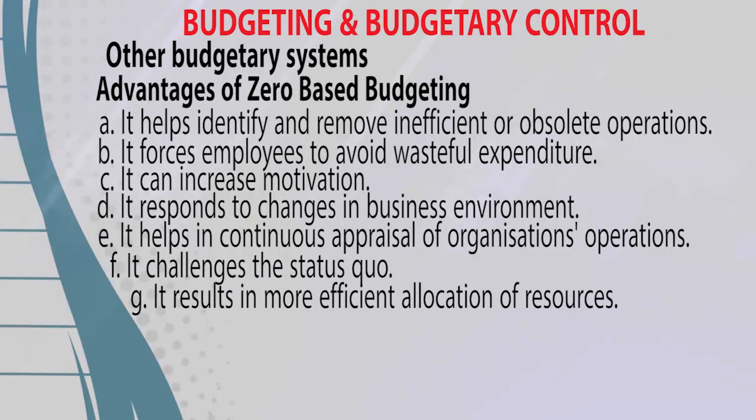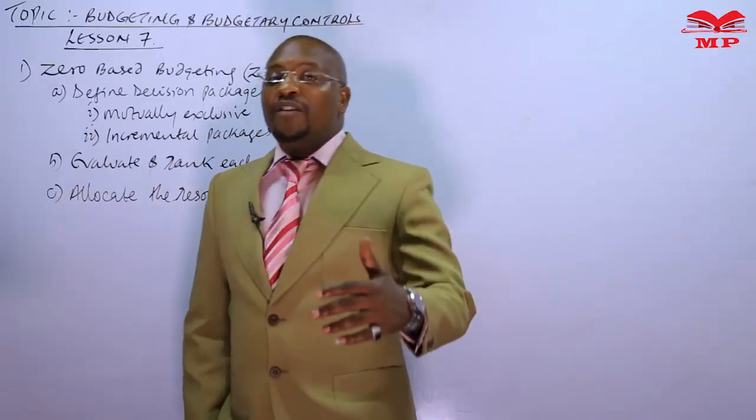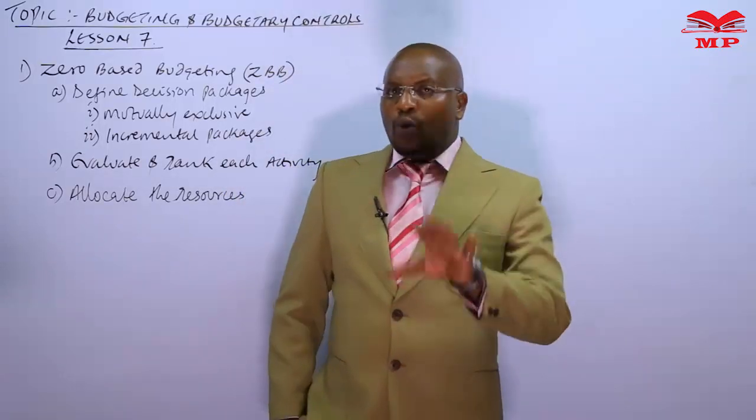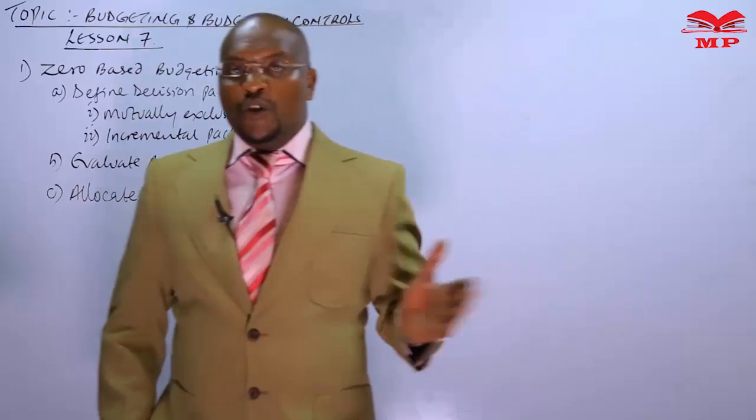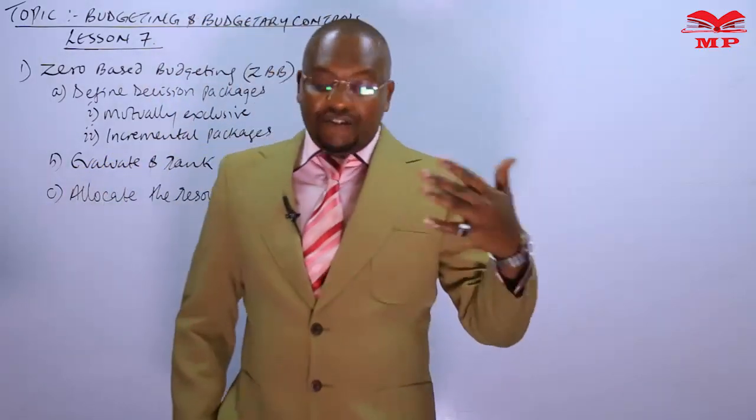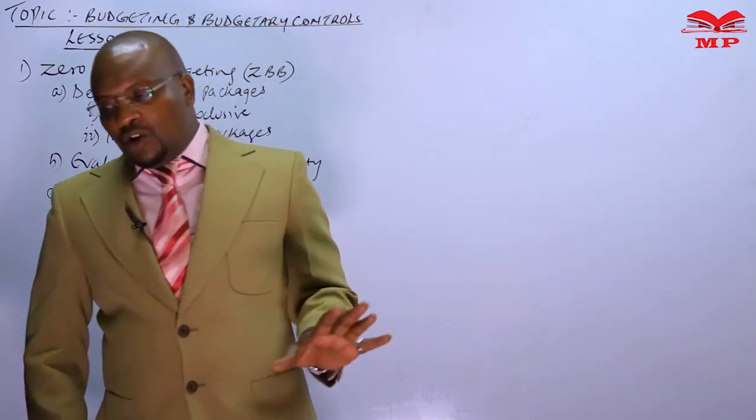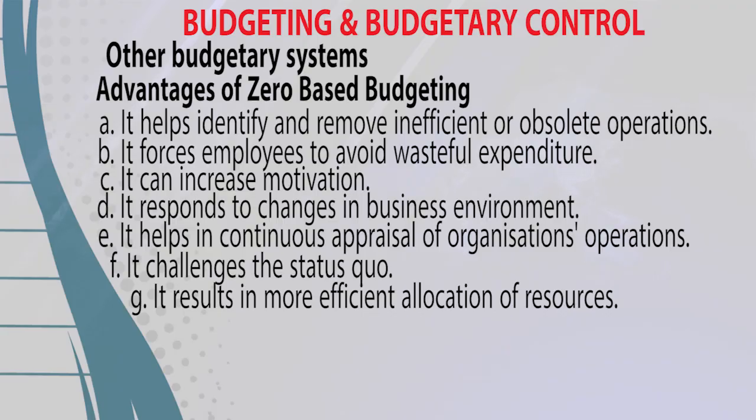Now, looking at these advantages, helping to identify and remove inefficient and obsolete operations is true, because like I said about the previous management and the current management, we can identify some activities which are not adding any value. If they're inefficient, obsolete, and no longer adding any value, we remove them. That is why ZBB is important, because we are carrying that analysis with us.